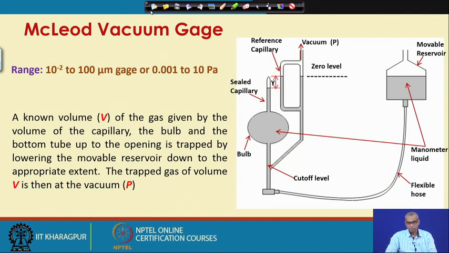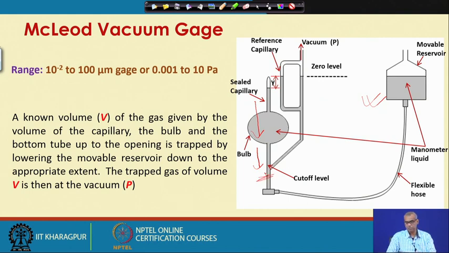So, the McLeod gauge works as follows. We first adjust the level of the movable reservoir. We bring down the movable reservoir so that the mercury level here goes down below this point.